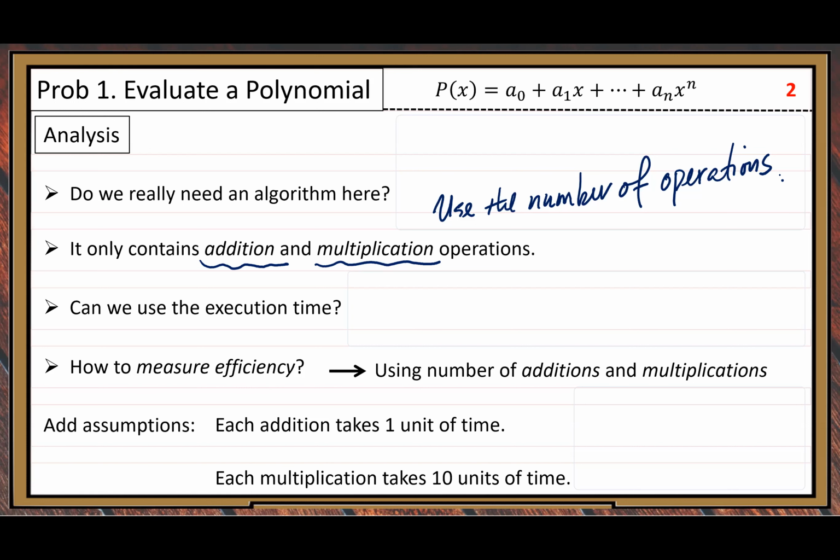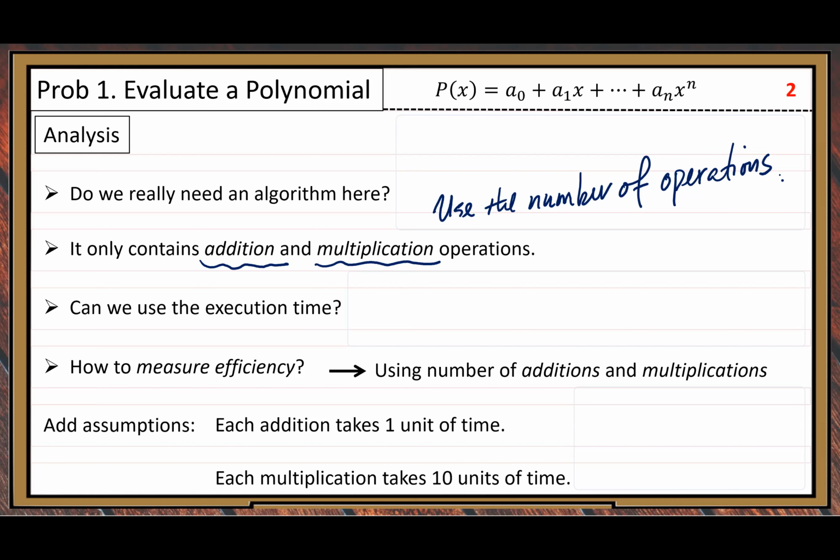Then each multiplication takes 10 units of time. 10 times. Although I choose 10 here for convenience, in the real world, when we look at computer CPU, it is close to a 10-to-1 ratio. Not exactly 10-to-1, but very close. The CPU time needed for one multiplication is approximately ten times the CPU time needed for one addition.